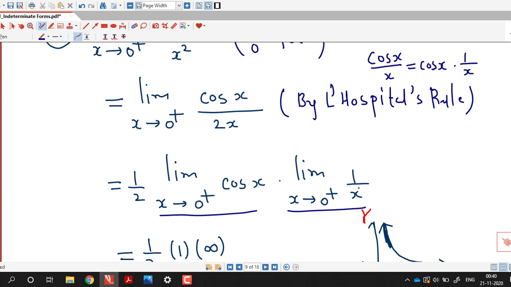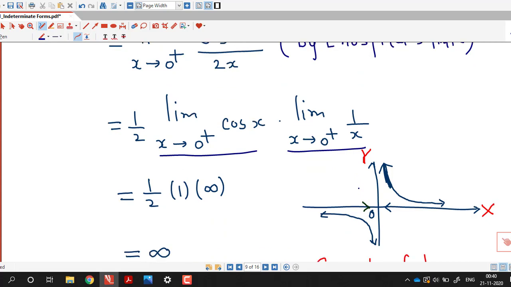But we have to observe the graph of this function. This is the graph of y equal to 1 by x. It is known as rectangular hyperbola. So now we are approaching 0 from right hand side, that is, we are approaching 0 from this direction.